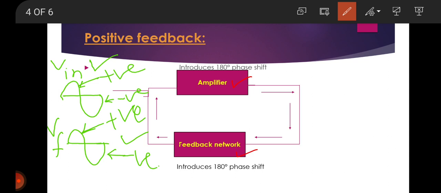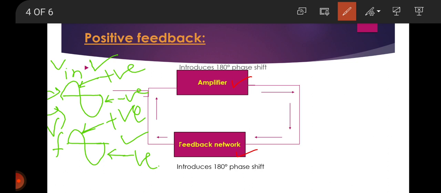Therefore, our definition is that the feedback energy, voltage or current, is in phase with the input signal. That means these both are in phase. So this is called positive feedback.